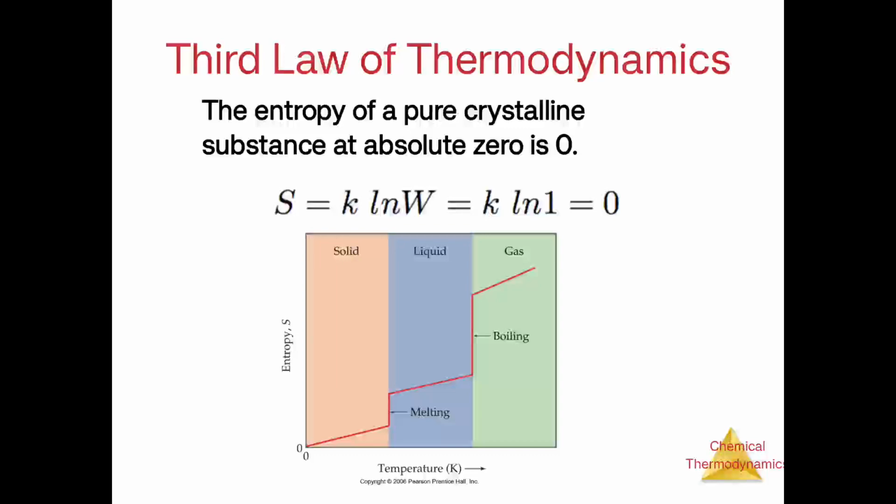Then when you boil such a liquid, say water, it begins to vaporize. Got it? Begins to vaporize. You know the average temperature of boiling is 100 degrees Celsius. That also increases the entropy. So whatever it is, the entropy of a pure crystalline substance, if you take water, the crystalline form of water is the ice.